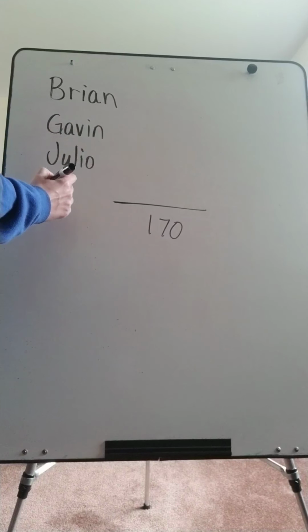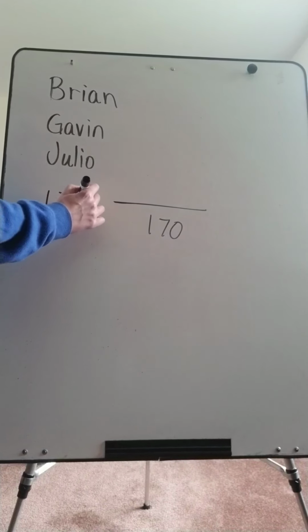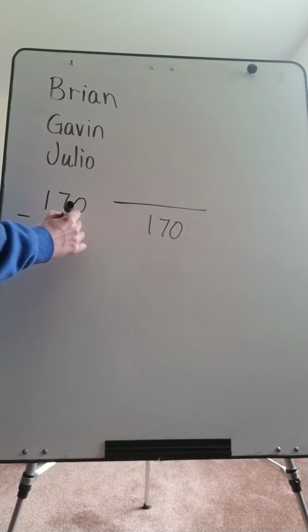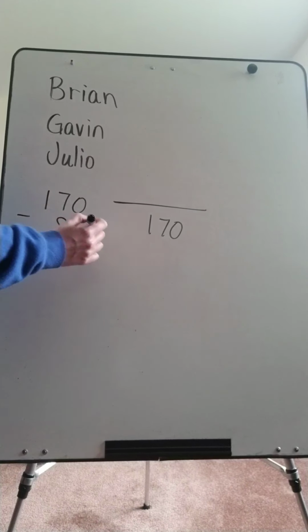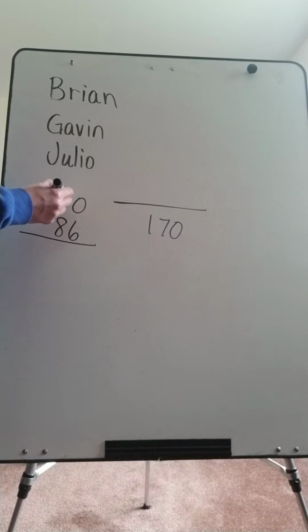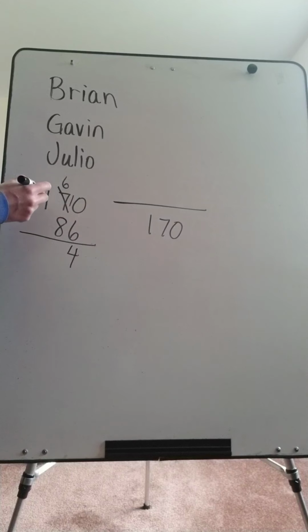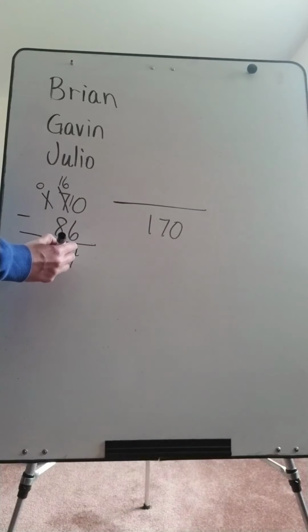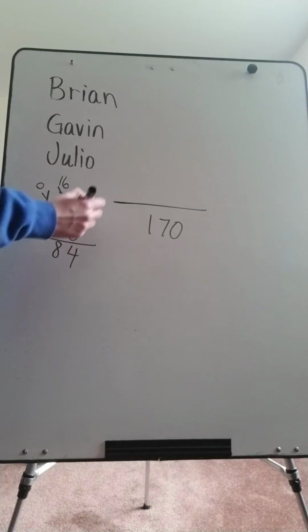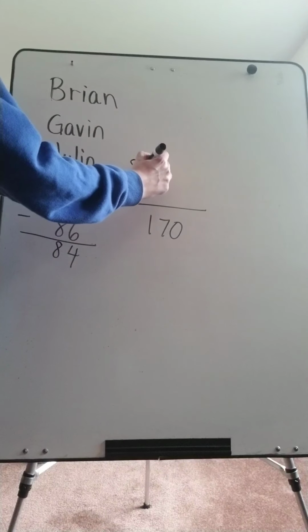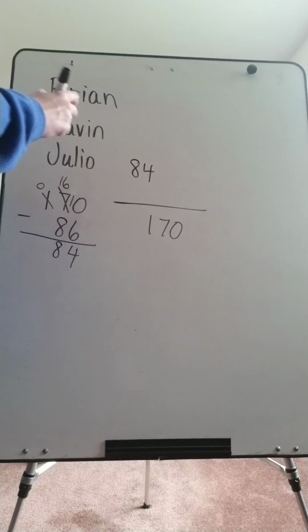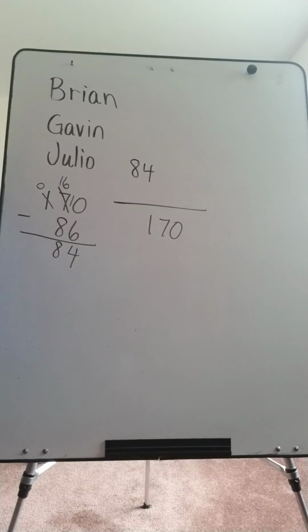So let's start with figuring out his by doing 170 minus 86. We can't do 0 minus 6, so we're going to regroup. 10 minus 6 is 4. 6 minus 8, we can't do. Again, we borrow. 16 minus 8 is 8. So now we know that Julio's number is 84. Okay?